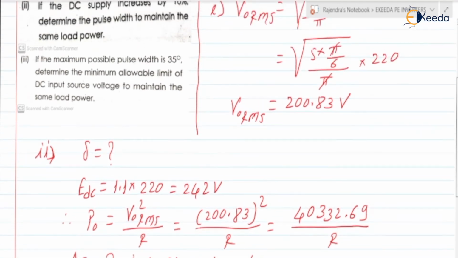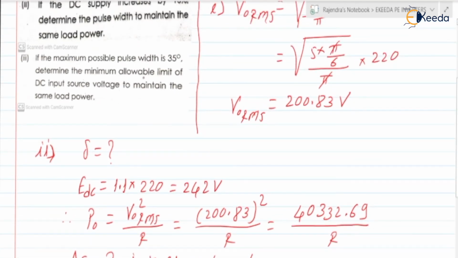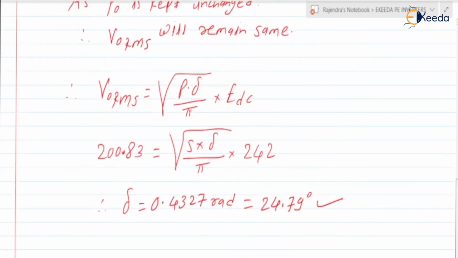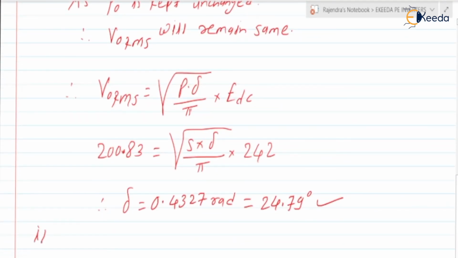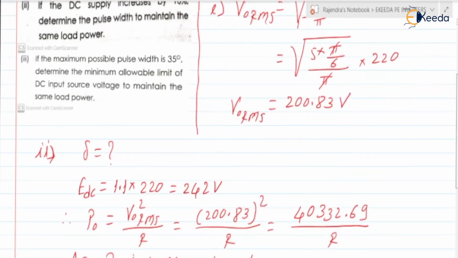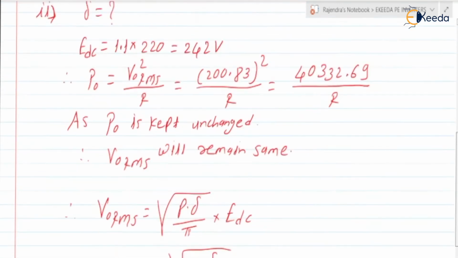Next, let us read the third bit. If the maximum possible pulse width is 35 degree, now delta is 35 degree, determine the minimum allowable limit of DC input source voltage to maintain the same load power. Again, the load power to be the same means V0 RMS to be the same. So for the third bit we can write delta is equal to 35 degree.